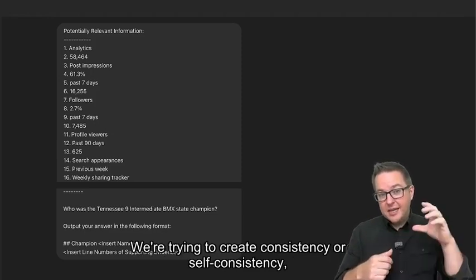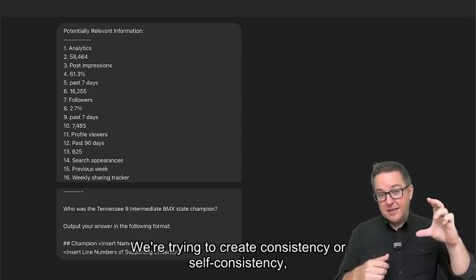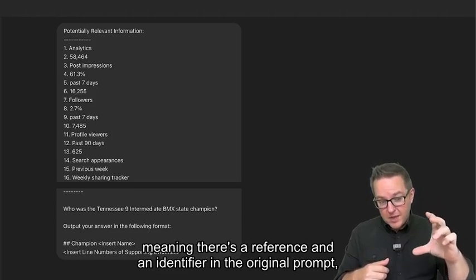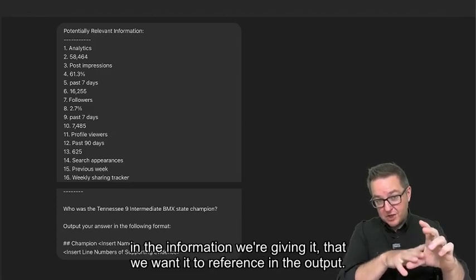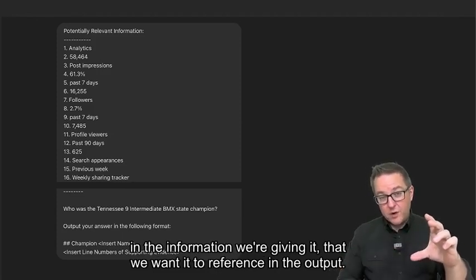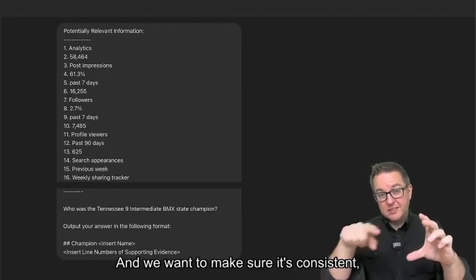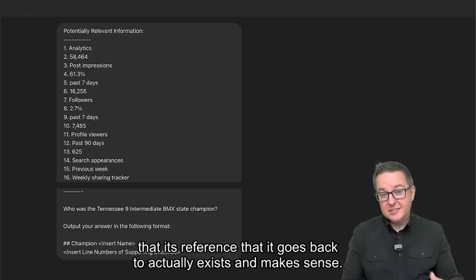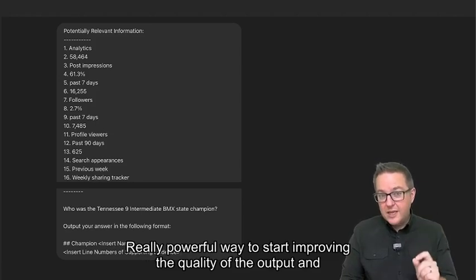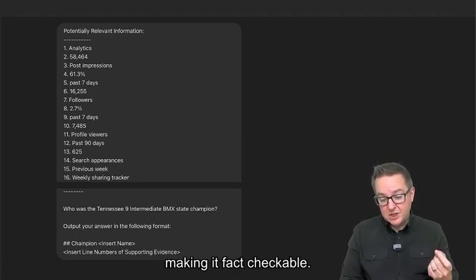We're trying to create self-consistency, meaning there's an identifier in the original information that we want it to reference in the output, and we want to make sure that the reference it goes back to actually exists and makes sense. Really powerful way to start improving the quality of the output and making it fact checkable.